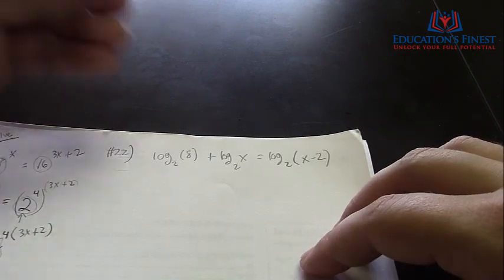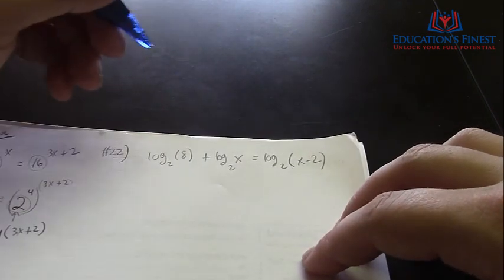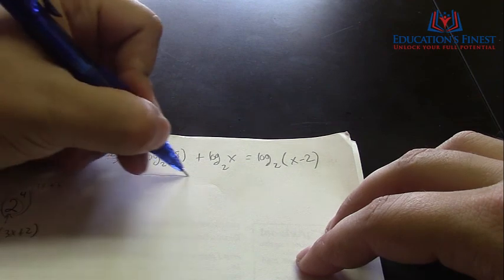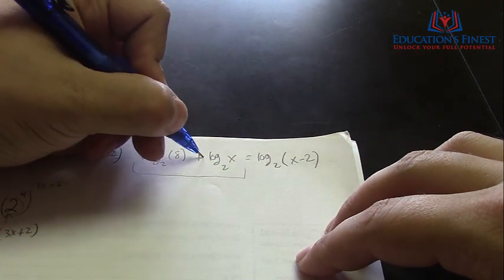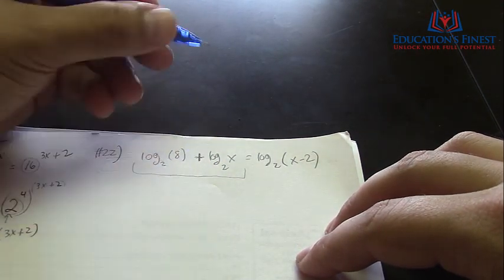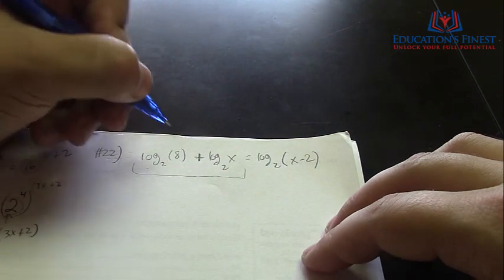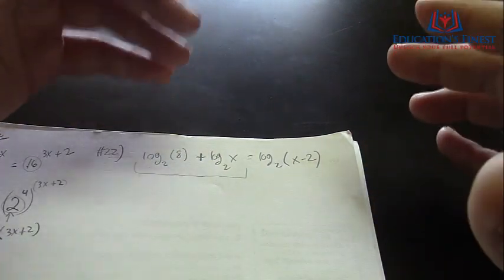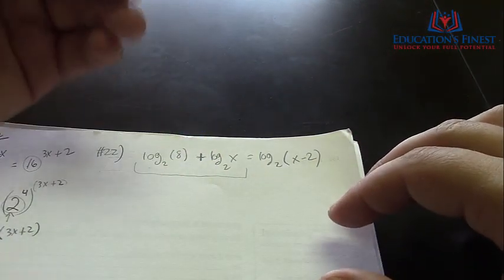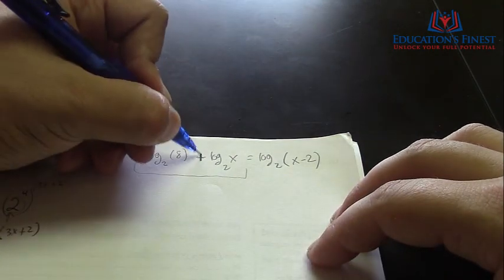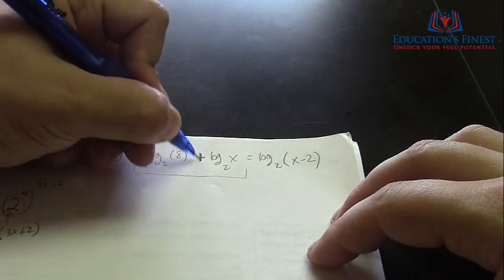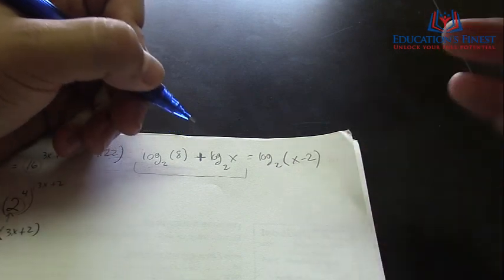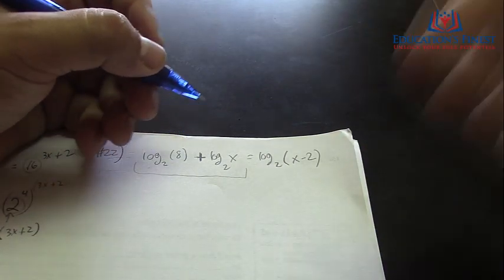So, again, same directions: solve. Okay, when you have two logs like this and they're being added together and it says solve, the first thing you have to do is combine those into a single log, okay? And how you do that is, if you recall, if you're adding two logs together, addition goes to multiplication.